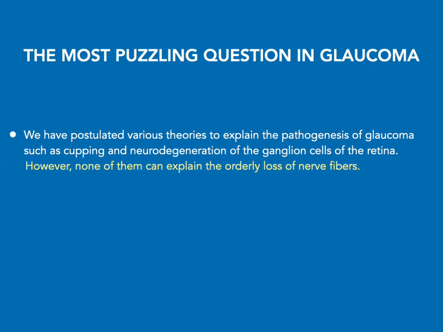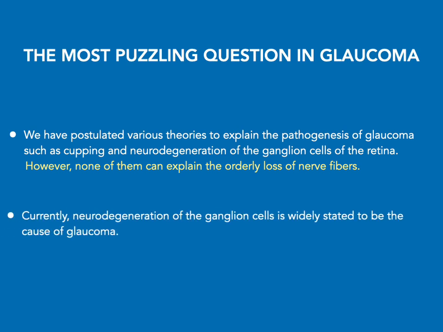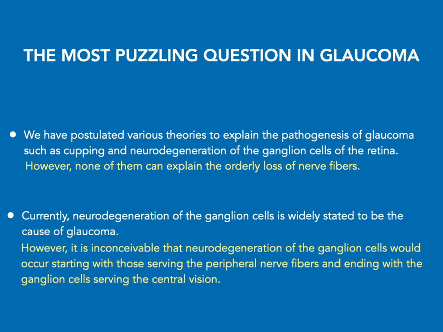However, none of them can explain the orderly loss of nerve fibers. Currently, neurodegeneration of the ganglion cells is widely stated to be the cause of glaucoma. However, it is inconceivable that neurodegeneration of the ganglion cells would occur starting with those serving the peripheral nerve fibers and ending with the ganglion cells serving the central vision.